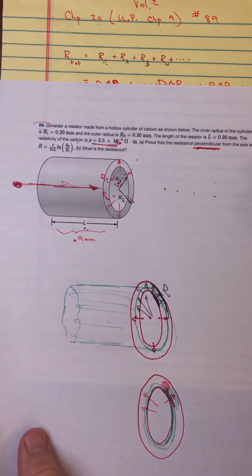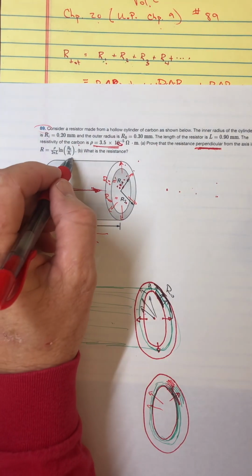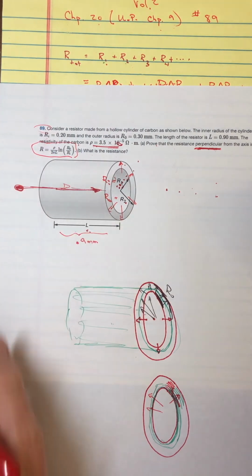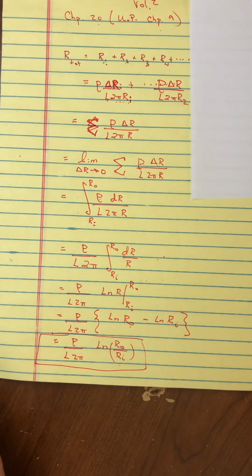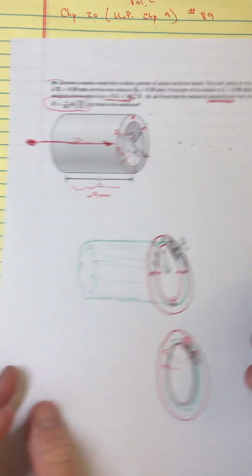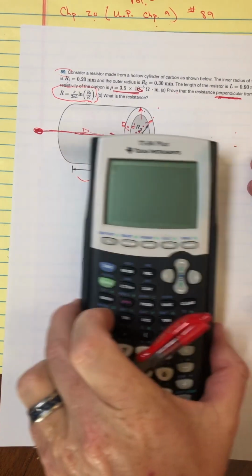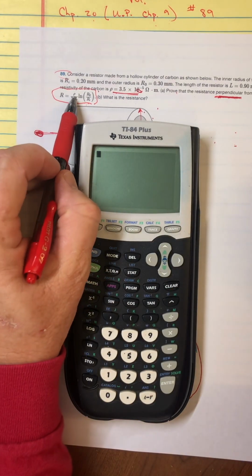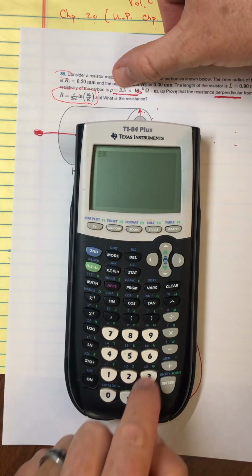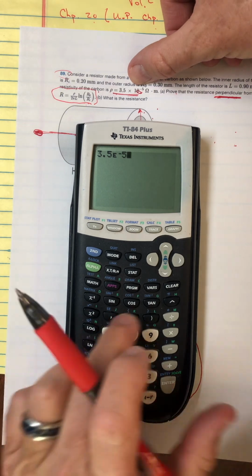Let's see what it said here. Yeah, it says, prove that the resistance perpendicular to the axis is given by, and sure enough, we have the same thing. And then for part B, we can just put in our numbers. So let me grab a calculator here, and I'll put in the resistivity, 3.5 times 10 to the negative 5.